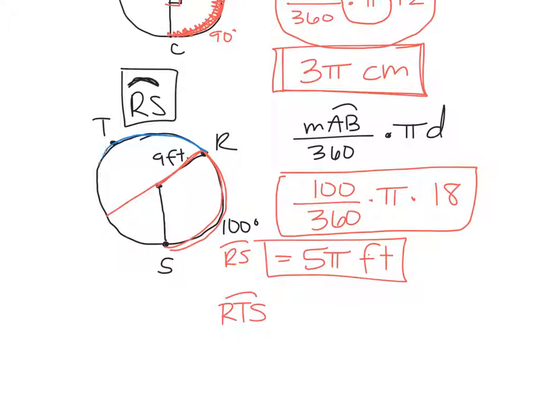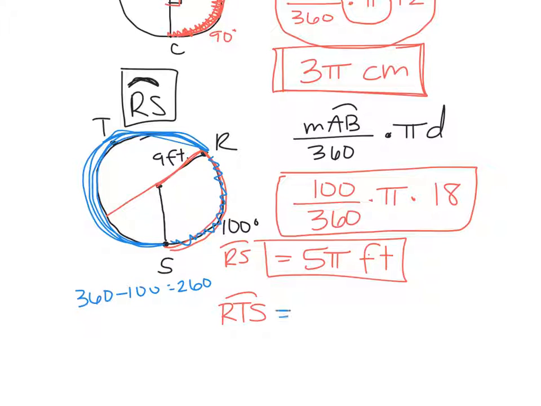RTS, that's this guy right here, right? The blue one. How many degrees is that arc? More than 180. It is more than 180. This is the only other piece to it, right? How big is that? 100. So you're going to go 360 minus 100. That means that arc is 260.